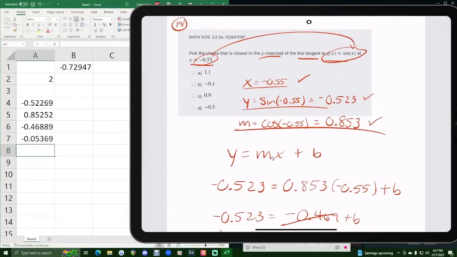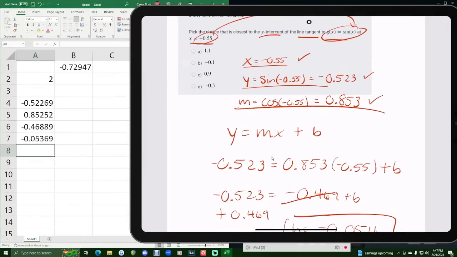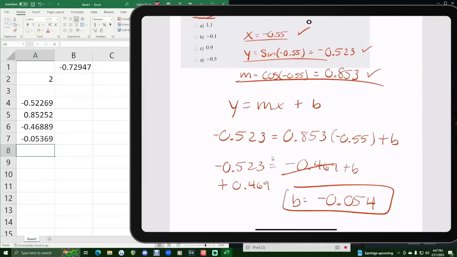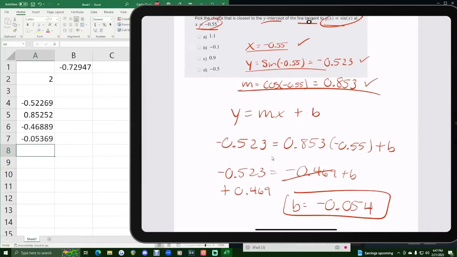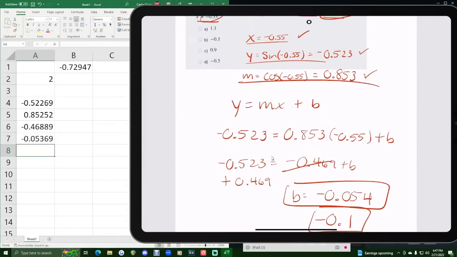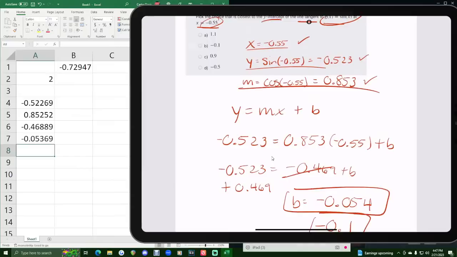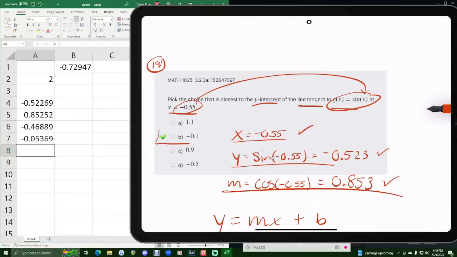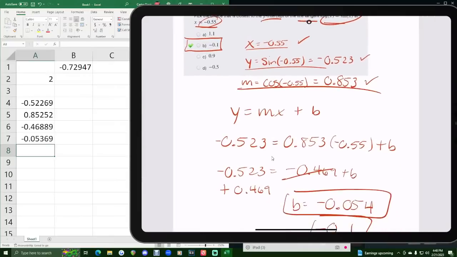So this is one of those annoying ones, but to pick the choice that is closest to the y-intercept, I guess if we rounded this to the nearest tenth, it would be negative 0.1, because that 5 would round that 0 up to a 1, and that must be our closest bet there. Not the most ideal answer, but definitely the closest of those options.